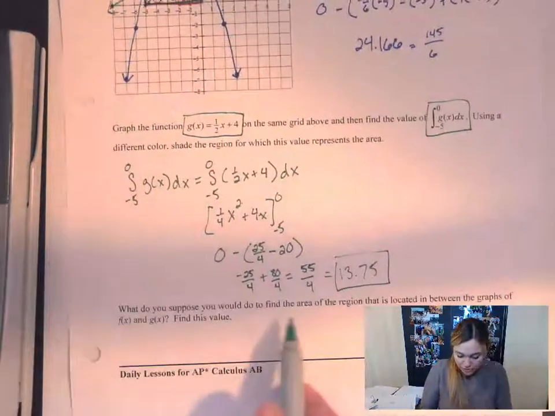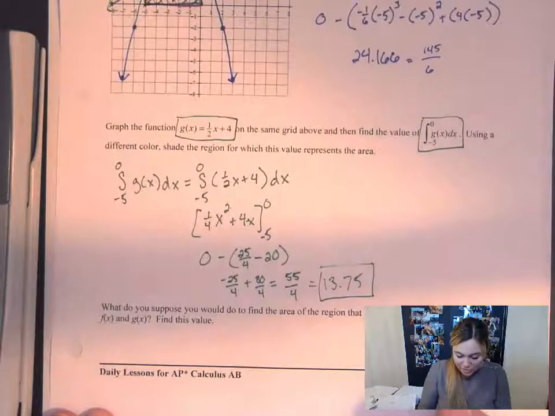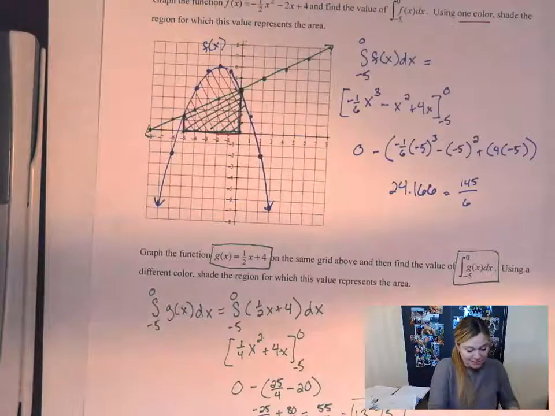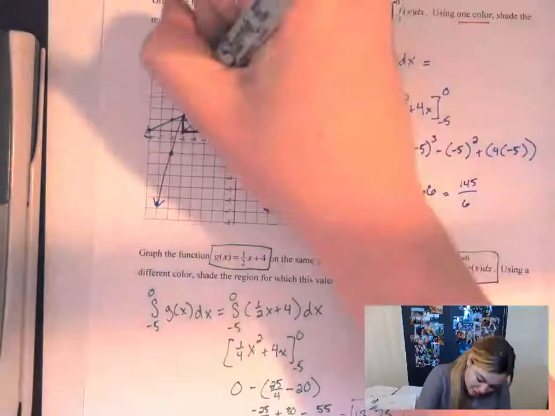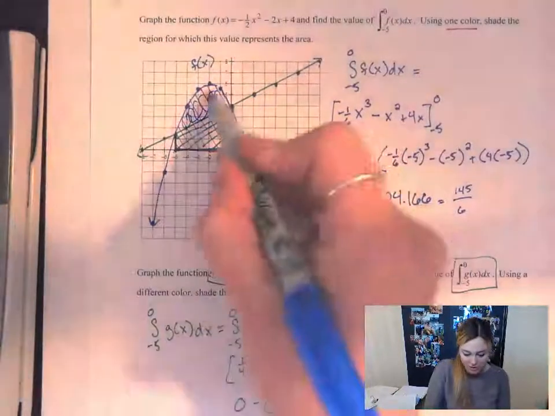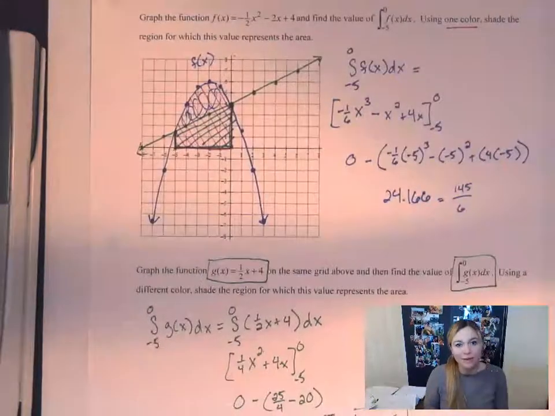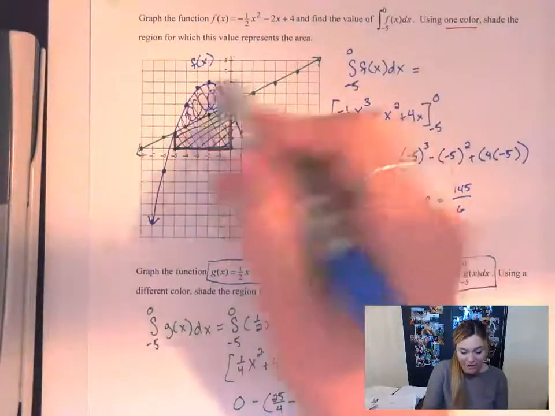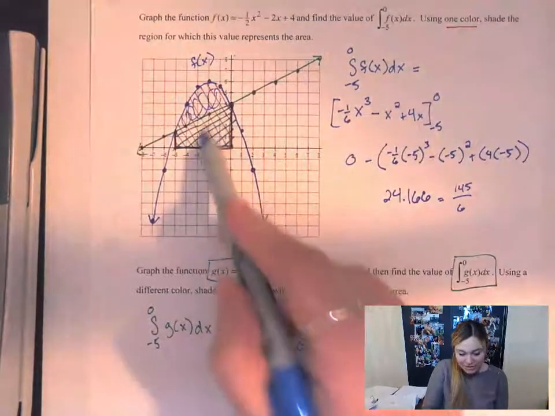And then I want to know, what do you suppose you would do to find the area of the region that's located between the graphs of f of x and g of x? So what region that is, I wanted to find this region, so the area up here, what do you think I would do? Well, I would take the total area and subtract this area.